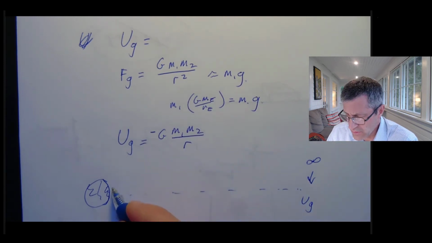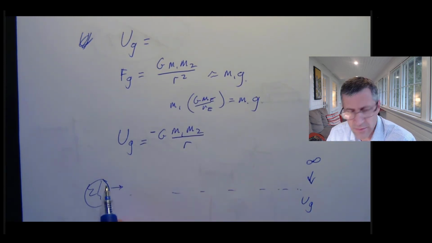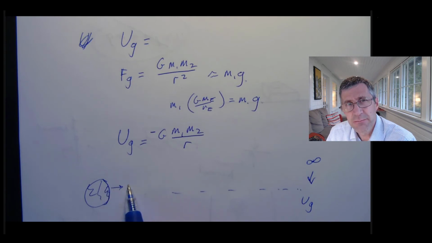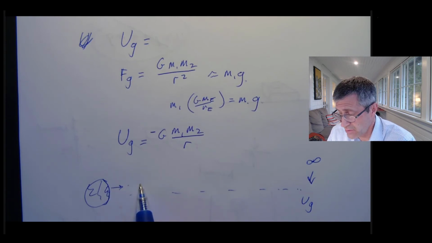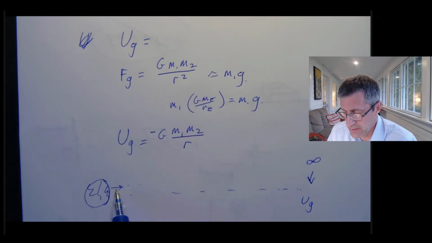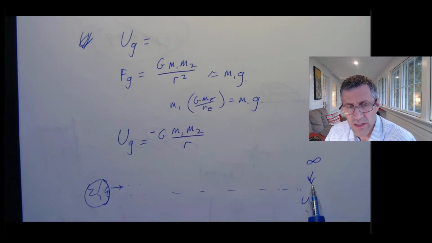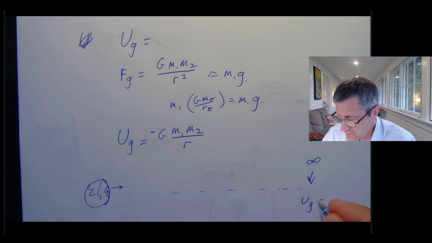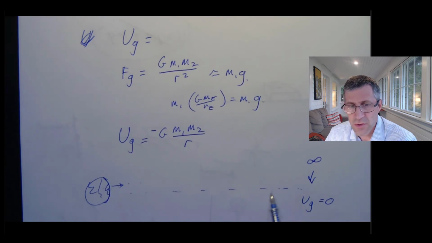So think about this. If I lift something off the surface of the Earth, it's gained potential energy. As I get further away, it's got more potential energy. I could let it fall, and it would accelerate as it changes that potential energy into kinetic energy. So if infinitely far away is 0, as I get closer, it's got to be less than 0, hence my negative.